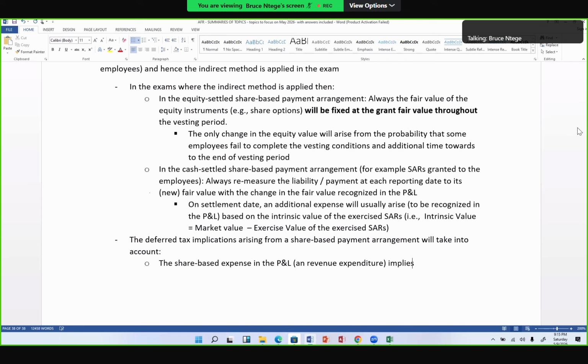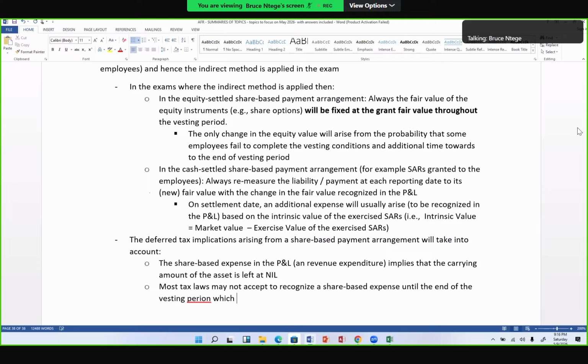But most tax laws, including the Rwanda tax law, may not accept to recognize a share-based expense until the end of the vesting period.